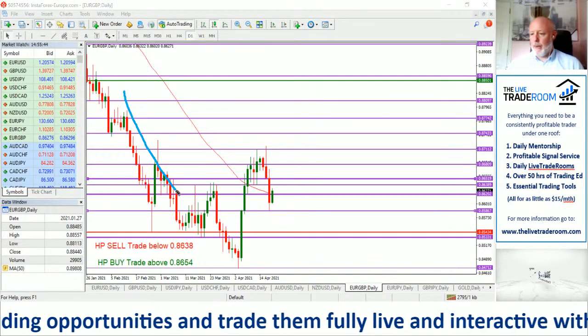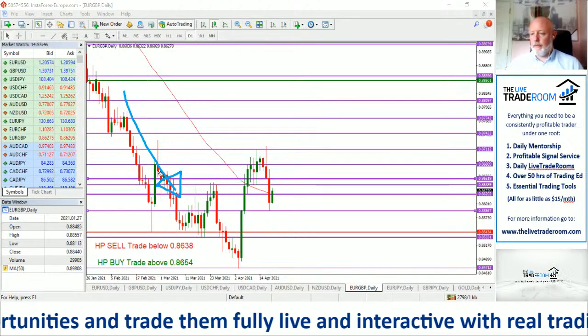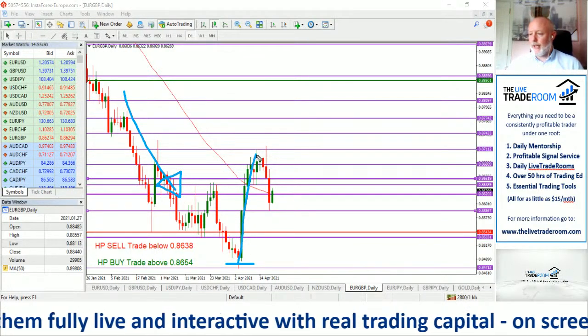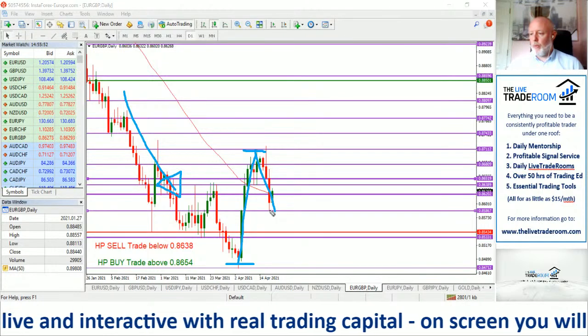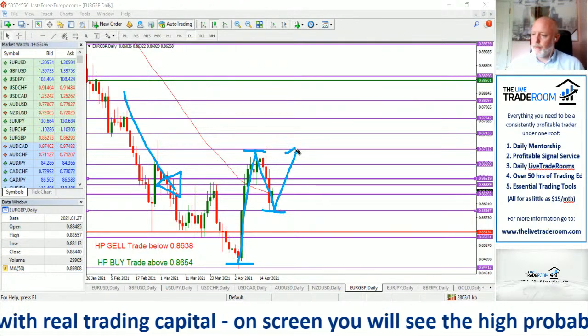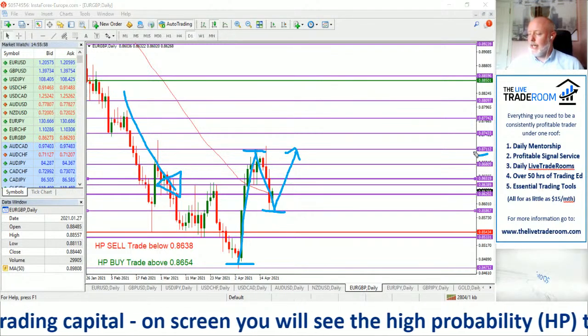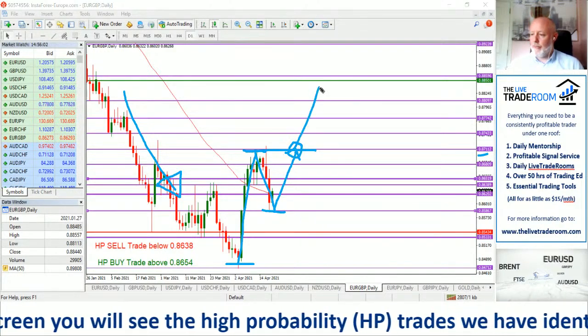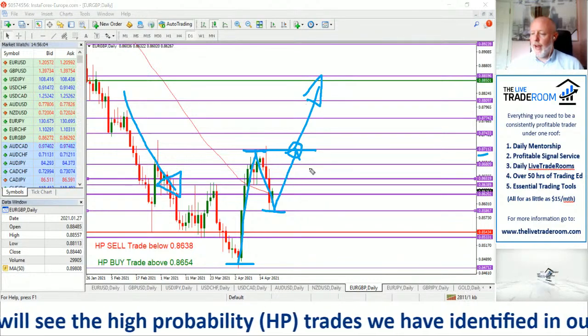A market that had been moving sideways, where we'd been looking for multiple selling opportunities, creates a low. We get the bounce back, and what we're interested in now is whether we get a coherent bounce, first of all to the 87.11, but then potentially above that is your high probability structural failure trade.